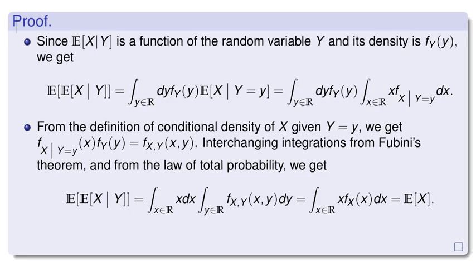Substituting this in, we get the double integral over y and x of x times f_{XY}(x,y) dy dx. We can interchange the order of integration by Fubini's theorem, assuming appropriate integrability. Integrating f_{XY}(x,y) with respect to y first gives the marginal density f_X(x). So the expression becomes the integral over x in R of x times f_X(x) dx, which is by definition the expectation of X.